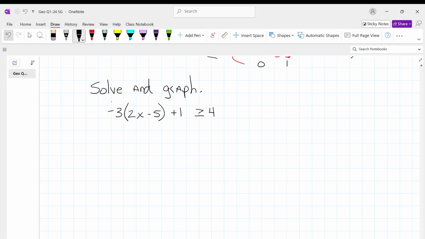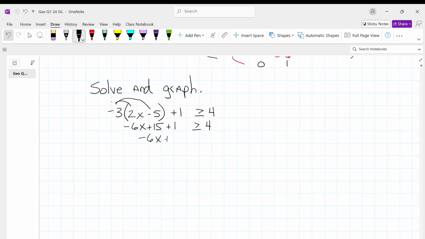All right, the first thing we want to do here is the distributive property on the left-hand side. So -3 times 2x is -6x, and -3 times -5 is +15, plus the 1 greater than or equal to 4. Next step would be to combine like terms.